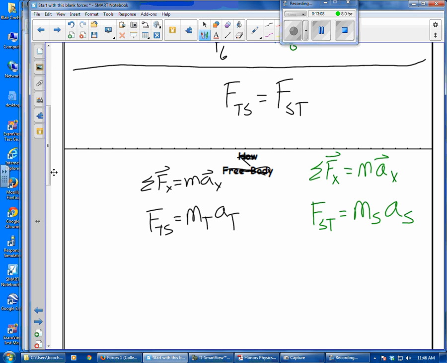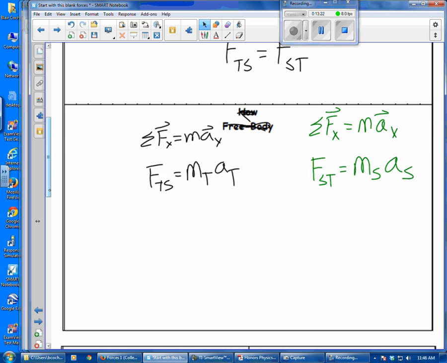And this is where knowing Newton's third law helps me. Notice that the force on Tom due to his sister and the force on the sister due to Tom are the same, right? So I can bring these two things together and say that the mass of Tom times the acceleration of Tom equals the mass of the sister times the acceleration of the sister.